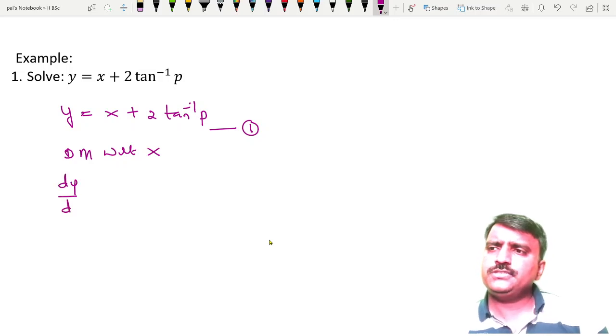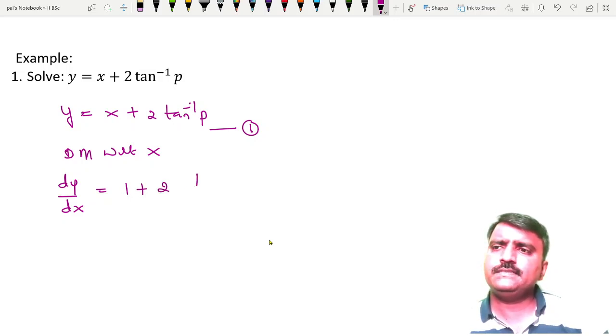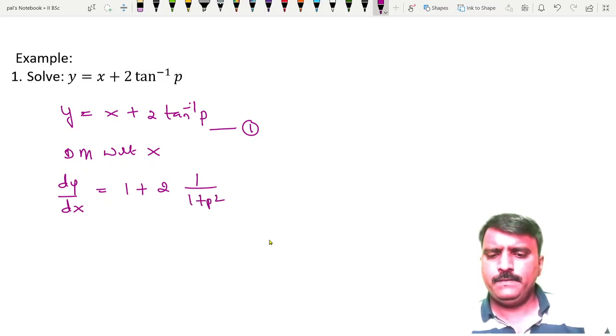So differentiation of y with respect to x is dy by dx. dy by dx is equal to 1, differentiation of x is 1, plus 2 into differentiation of tan inverse of p, which is 1 by 1 plus p square. So all of you know that dy by dx is p.